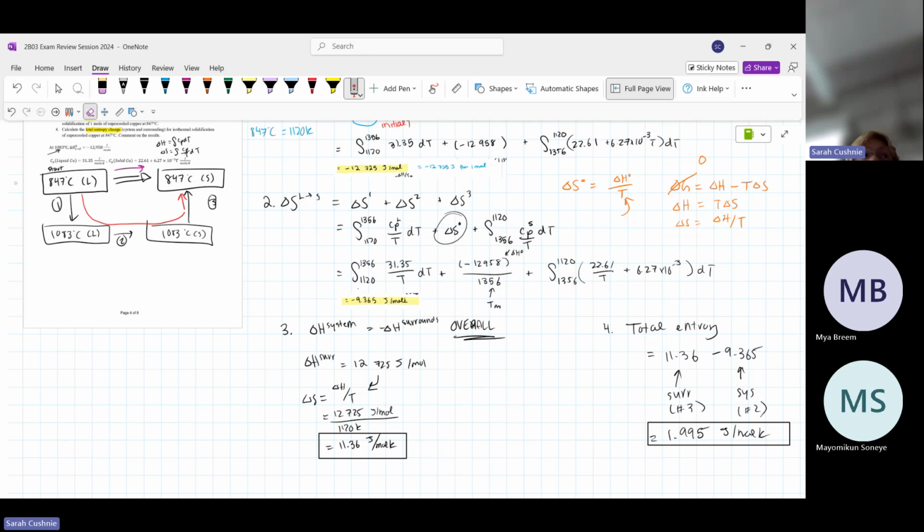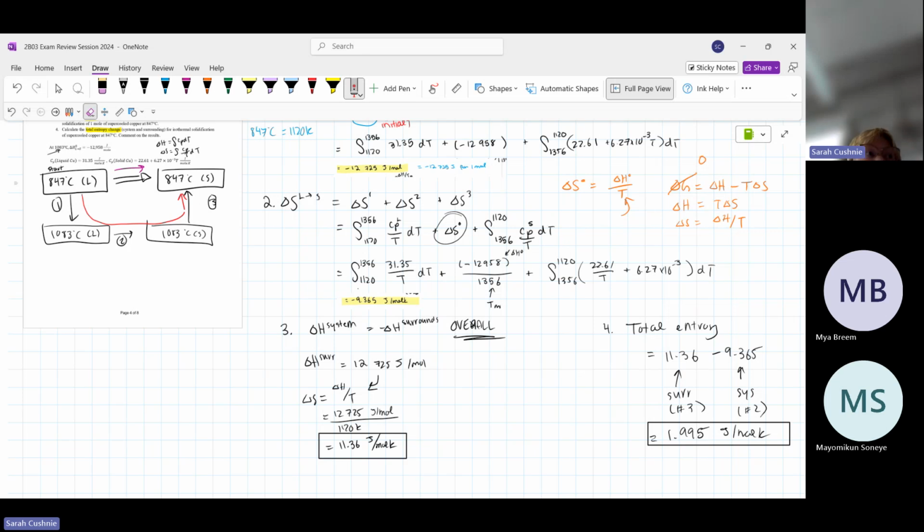If it's exothermic, that's going to add heat, and heat relates to the kinetic energy. So if you add heat, molecules are going to start moving a lot faster. That means they're going to have more energy, and that increases their entropy because now there's a lot more disorder. Contrarily, if you have an endothermic reaction, then you are removing heat from the surroundings, and now they're going to be moving slower. That's going to decrease the entropy.